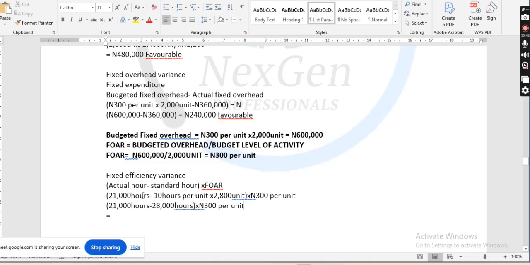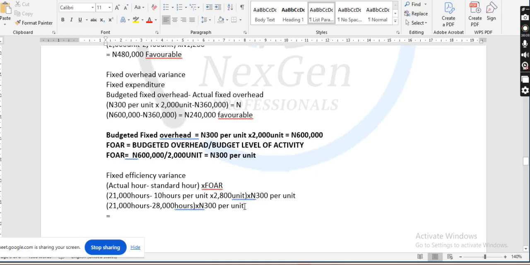So efficiency is based on hours. We use 21,000 hours minus, this is hours. You were supposed to correct me now. I'm using 300 naira per unit and this is hours. Hours goes with unit?